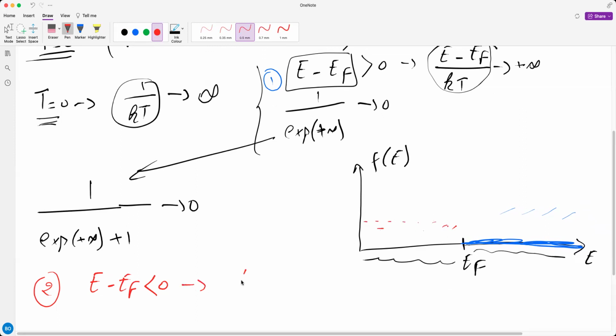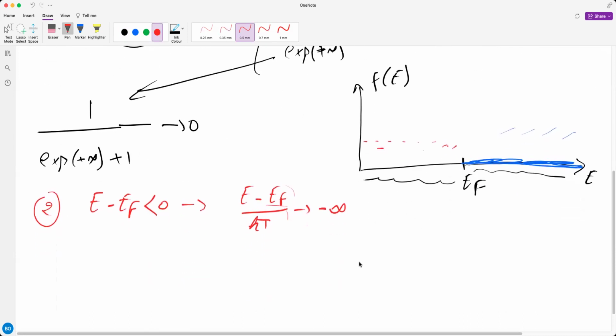This means that (E minus EF) over kT goes to minus infinity, because this one goes to infinity and this one is negative, so it goes to minus infinity. Well, what does this mean? Exponential of (E minus EF) over kT goes to 0, because exponential of minus infinity is 0.